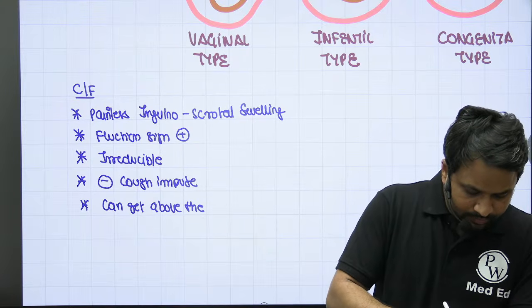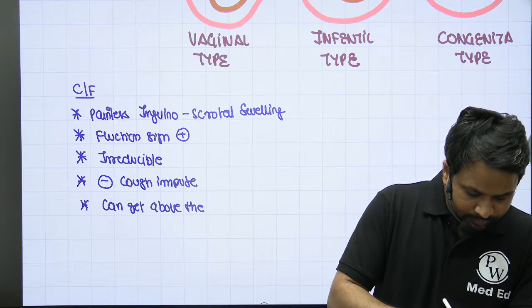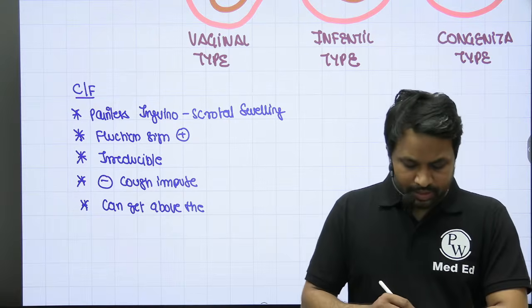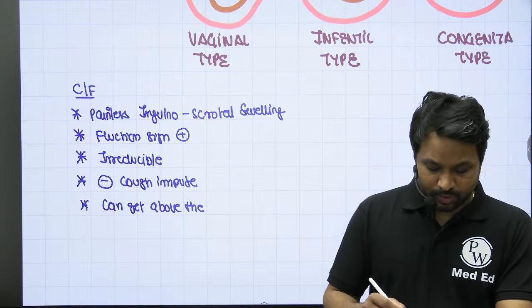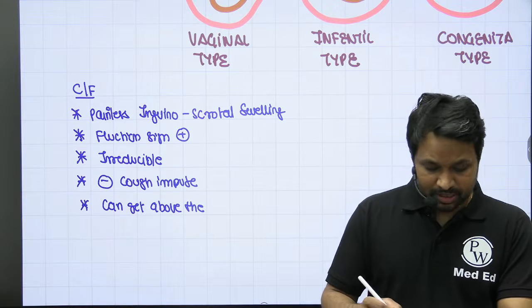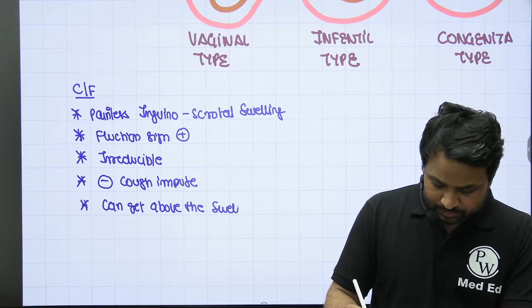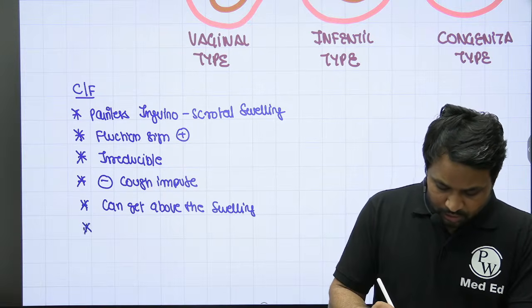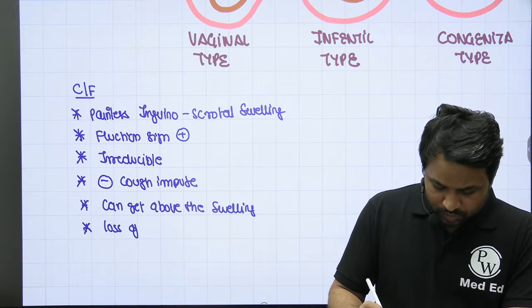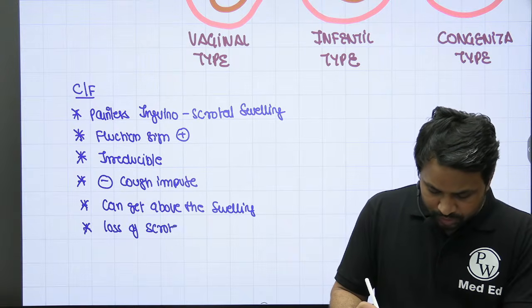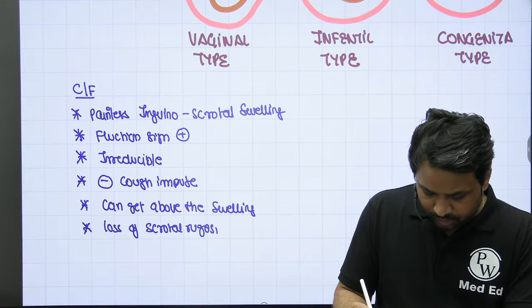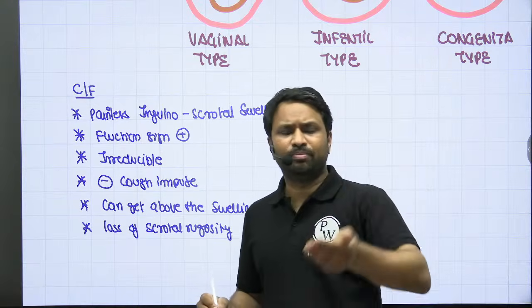So there's a painless inguino-scrotal swelling, fluctuation sign positive, irreducible, negative cough impulse, and you can get above the swelling. There is a loss of scrotal rugosity. The scrotal skin is going to become plain because of the extension.